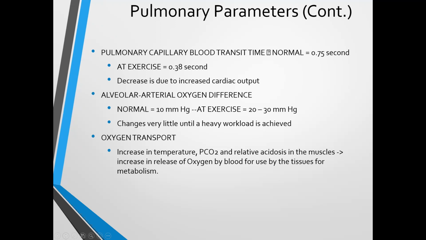You have a lot of oxygen in the blood, but it's going out, and because the metabolism is so high, the venous blood is coming back more depleted. So that difference is greater. It changes very little until heavy workload is achieved. Oxygen transport is another one that's altered as well.